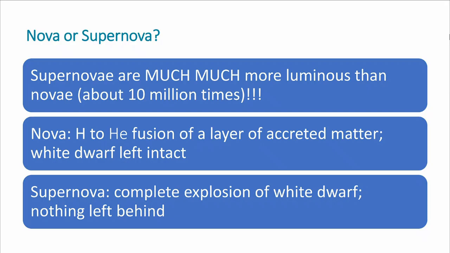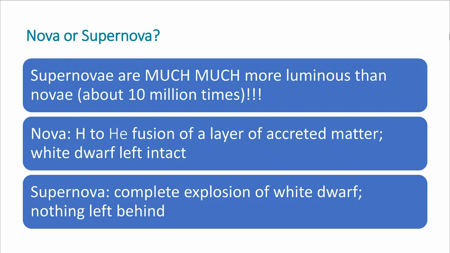So we talked about novas and supernovas. A supernova is going to be many, many, many more times brighter than the nova, 10 million times brighter. For a nova, you're doing hydrogen into helium fusion from that layer that is around the white dwarf, but after that explosion, the white dwarf will be still there, and you can have recurrent novas.